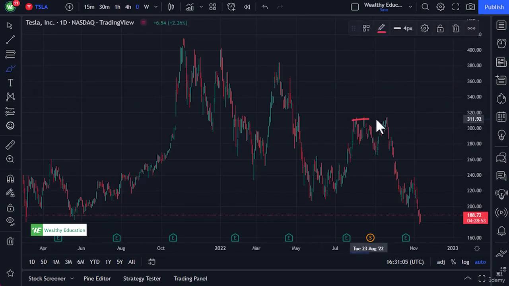So, for example, this resistance area here, there were people willing to dump their stock, in this case, again, Tesla, or even short it in this, say, $310 range. So that forms resistance. There were buyers and they sold to them, and then there were buyers and they sold to them. And then the sellers got more aggressive, finding buyers at lower prices, and then they continue to push things lower.